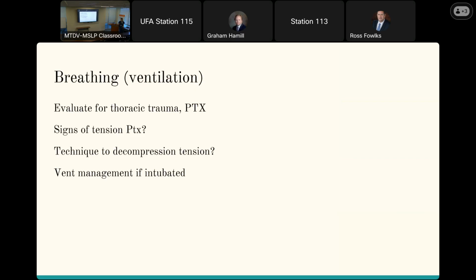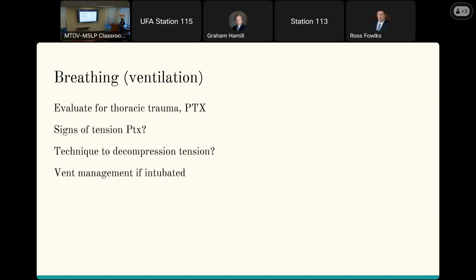So that's airway, and then breathing, as far as whether the lungs are functioning. I think the biggest reasons that you would have to intervene are in a patient who's hypotensive, right?